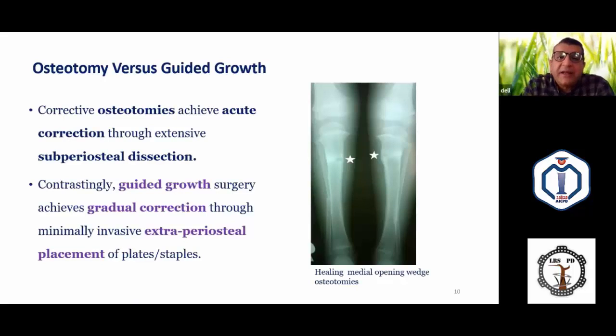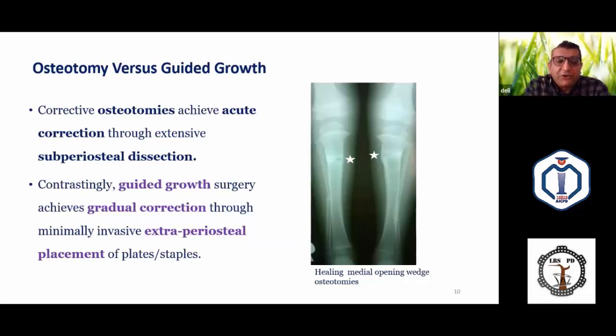But what are the fundamental differences between these two techniques? How can we weigh them or contrast them against each other? First of all, osteotomies achieve acute correction. When you go out of the operating room, you should have achieved the intended correction.